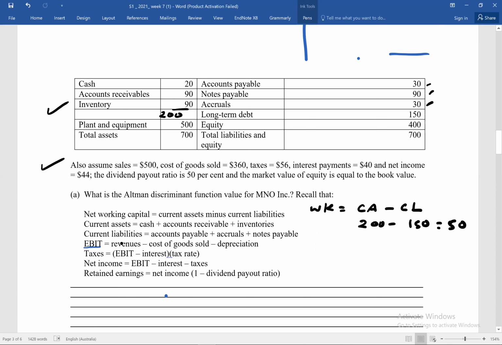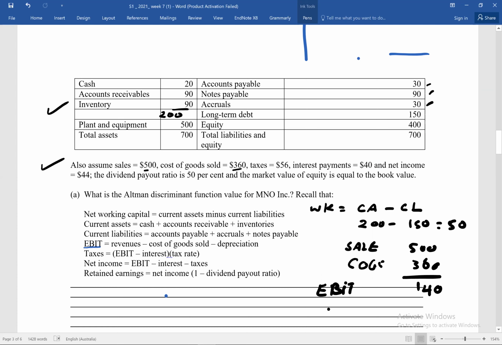I want to calculate the earning before income and tax. So to calculate it, on the income statement we have sales of 500. We have cost of goods sold, 360. So we have EBIT, earning before income and tax, of 140.